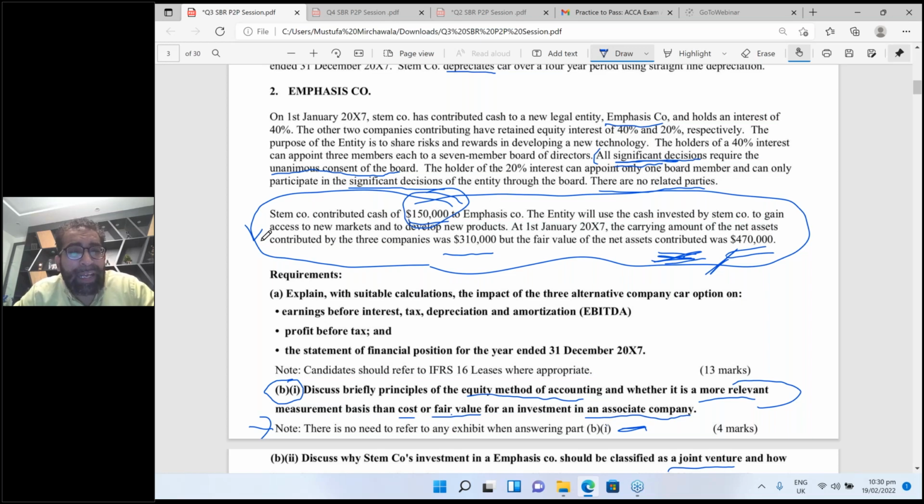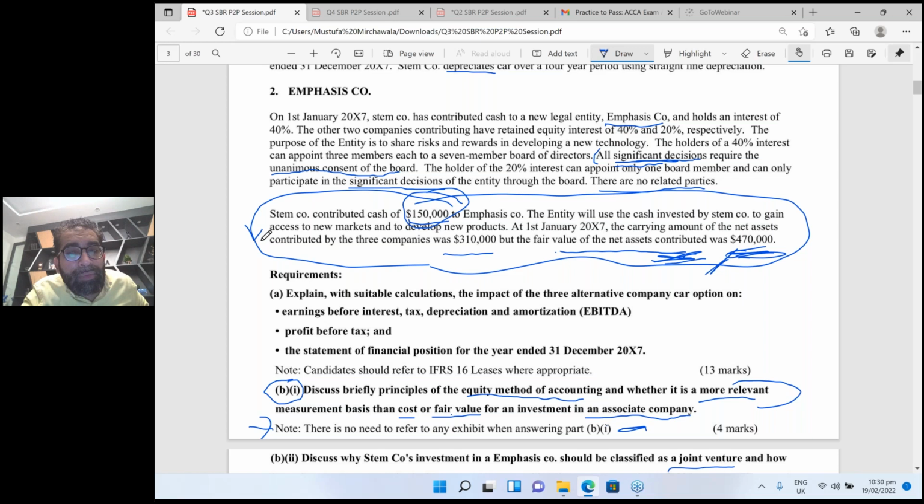Now I have a common sense question for you guys, because you know some business as well. Listen, there were three members: 40% by STEM, 40% by another guy, and 20% by another guy. The other two owners allowed us in. The total fair value of net asset contributed was 470, which means the worth of this new company made by three of us is 470,000.